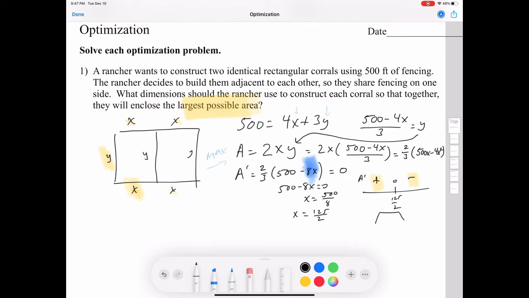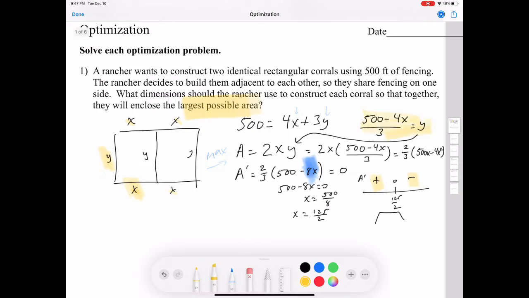Okay, so let's go ahead and plug in, solve for y now. We have x, we want to solve for y. We have the equation up here to solve for y already, right?